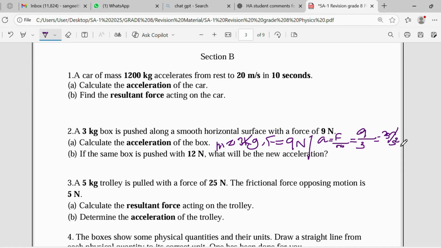Right? So coming to question B. If the box is pushed with 12 Newton, what will be the new acceleration? What's given here already is the force. That means force F equal to 12 Newton given, and we found the acceleration as 3 meter per second squared. So what we need to find out?